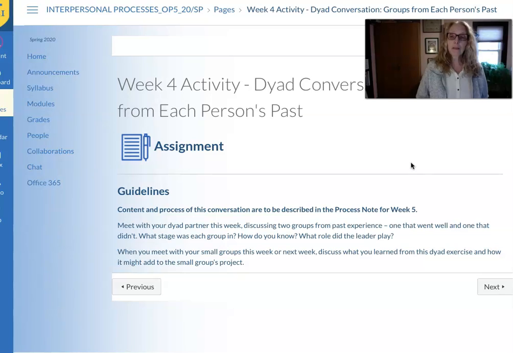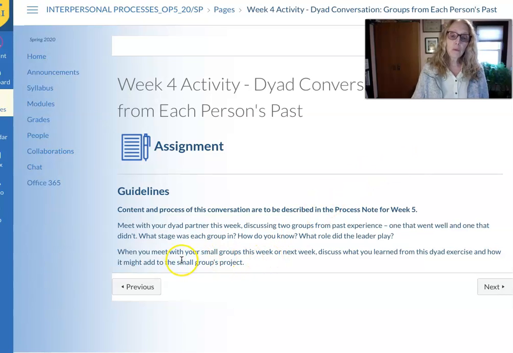When we're thinking about the stages, we're thinking about what did people do? What did we observe in that group that told us that this group was in chaos or that this group was in pseudo community?